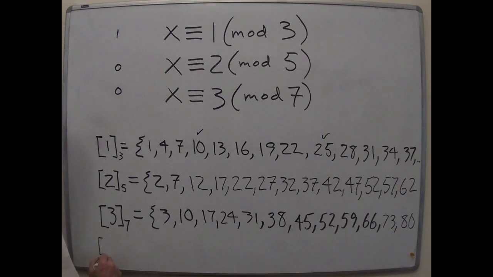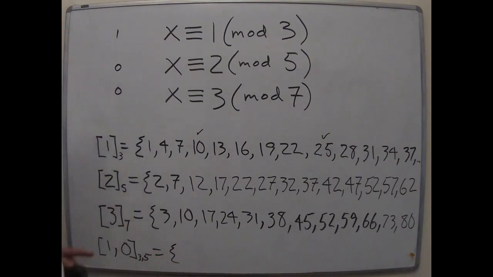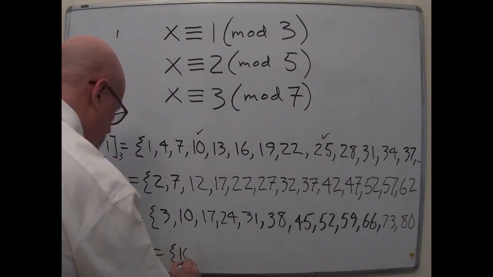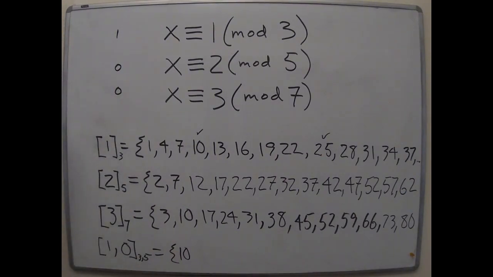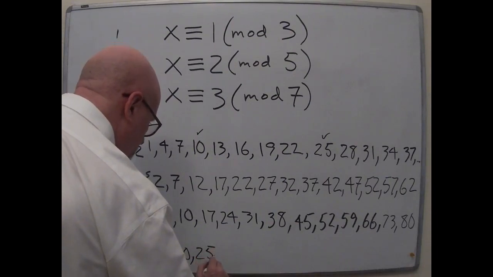I guess we want to say something like this. This is made up notation, right? But I want to have a 1 in one slot and a 0 in the other if we're doing 3, 5 computations. So what do we get? 10 was 1 mod 3 and 0 mod 5. 25 was such a number, too.